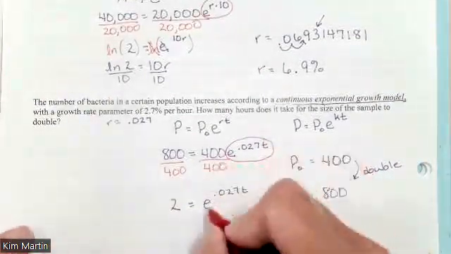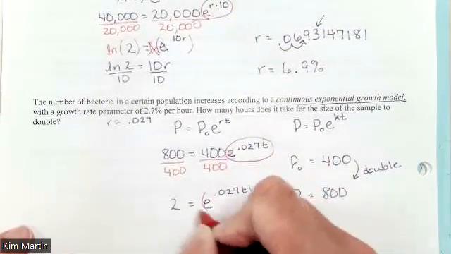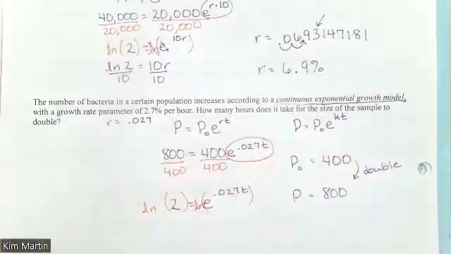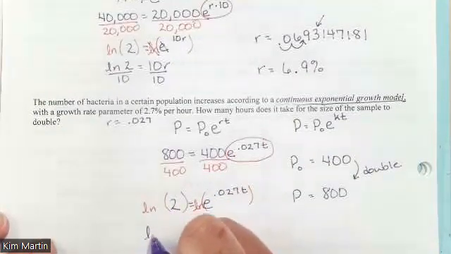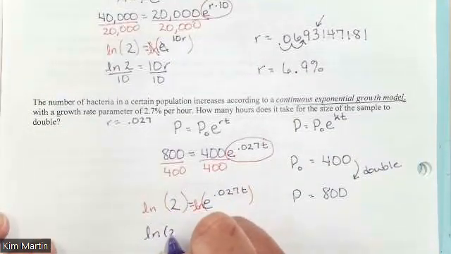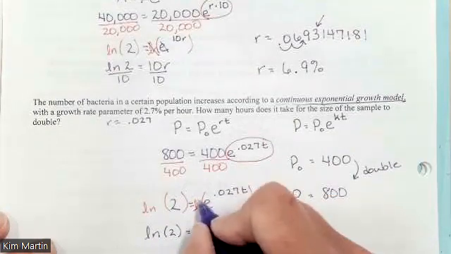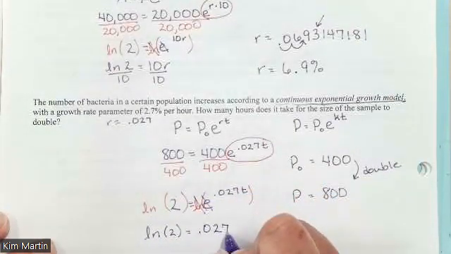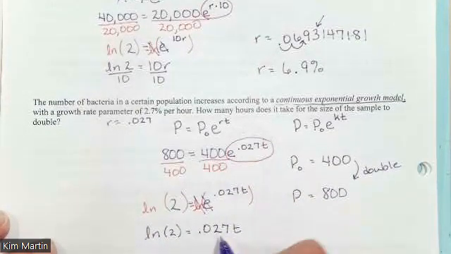Now, we got to free up our exponent. We're going to take our natural log of both sides. And we get the natural log of 2 equals, these cancel each other out, we get 0.027t. Now divide by 0.027.